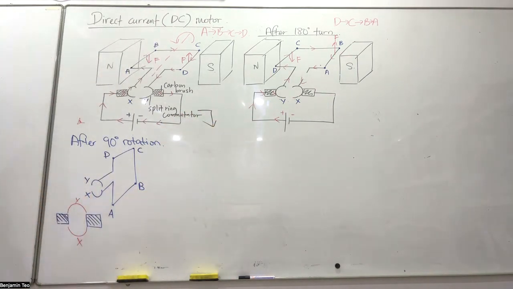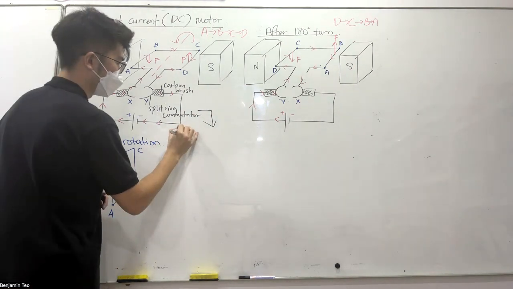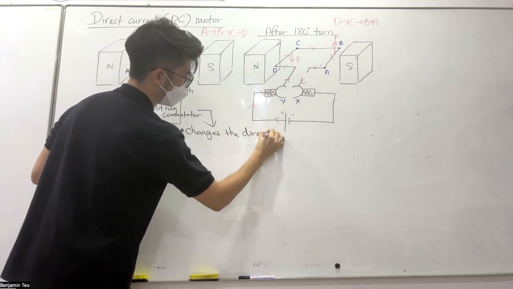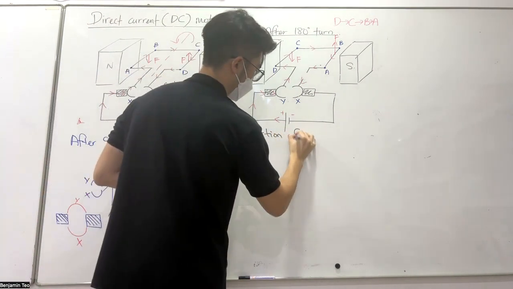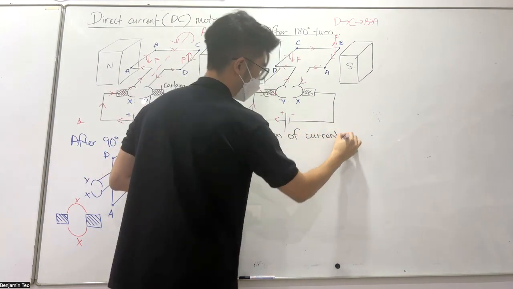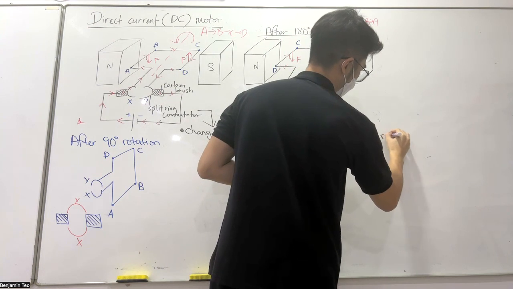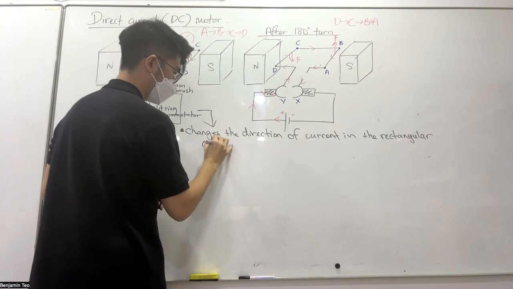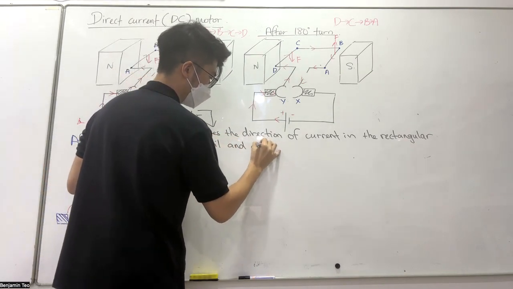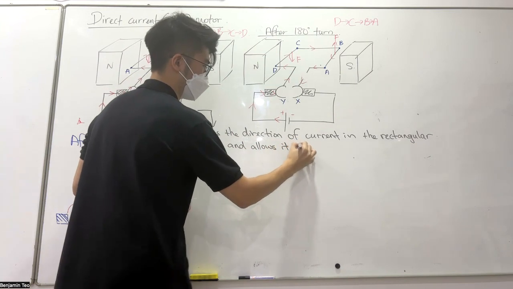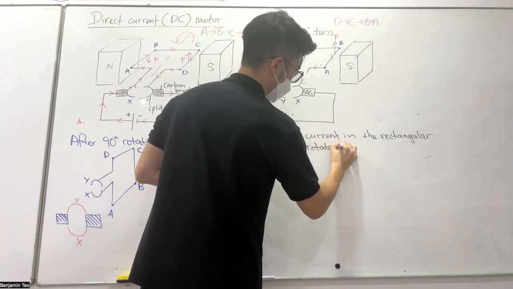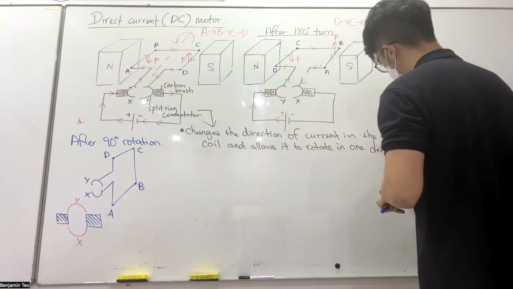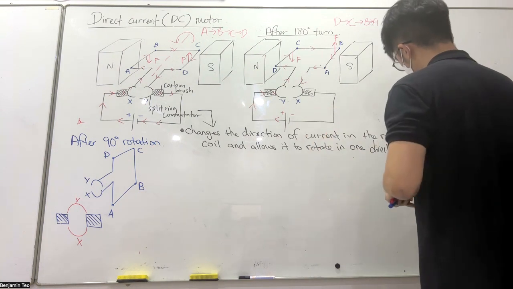We will write down notes here. Split ring commutator: it changes the direction of current in the rectangular coil, and allows it to rotate in one direction only.